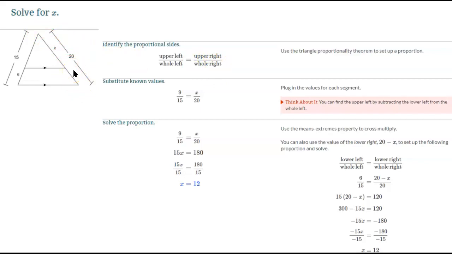This is going to look just a little bit different because we're going to add some sides together here. So we see 9 divided by 15 is equal to x divided by 20. We're going to cross multiply, and we get x is equal to 12.